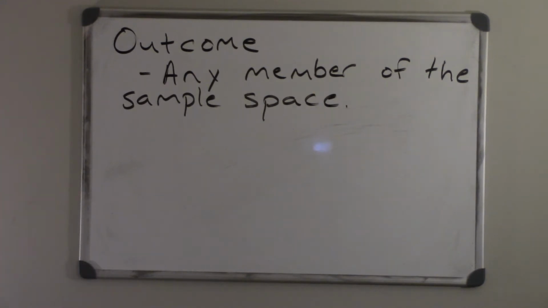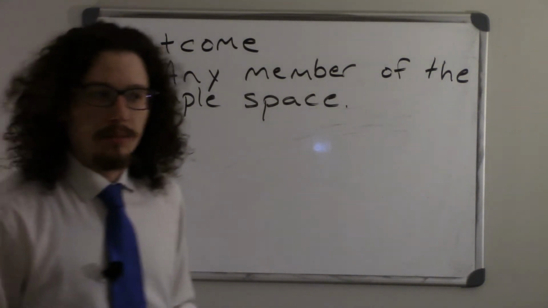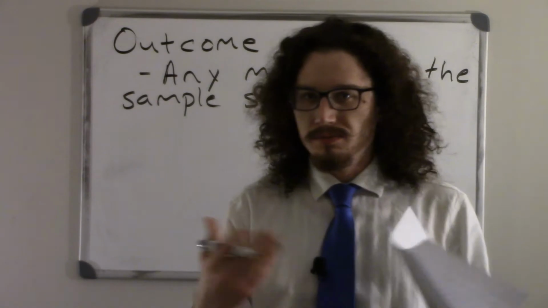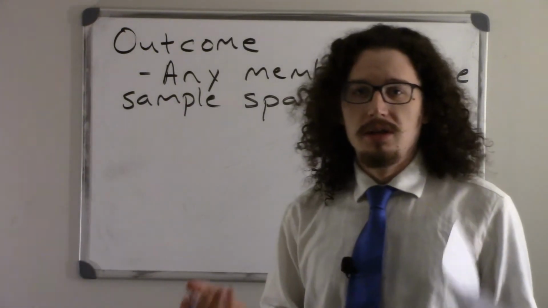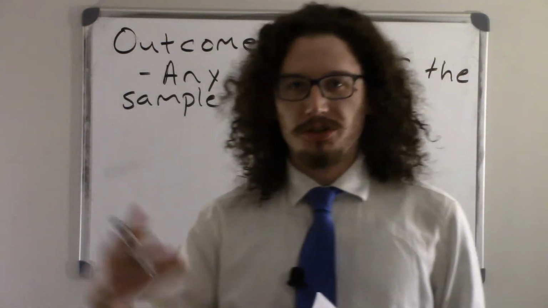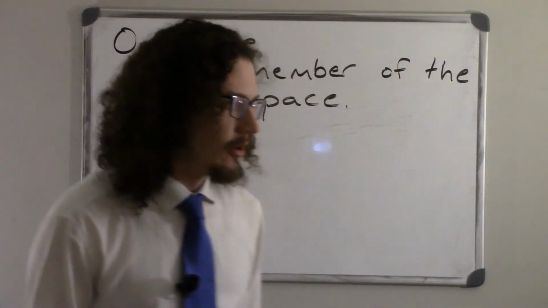Another way to look at this is an outcome is just any possible value that you could get as a result of an experiment. All right, that's all an outcome is.